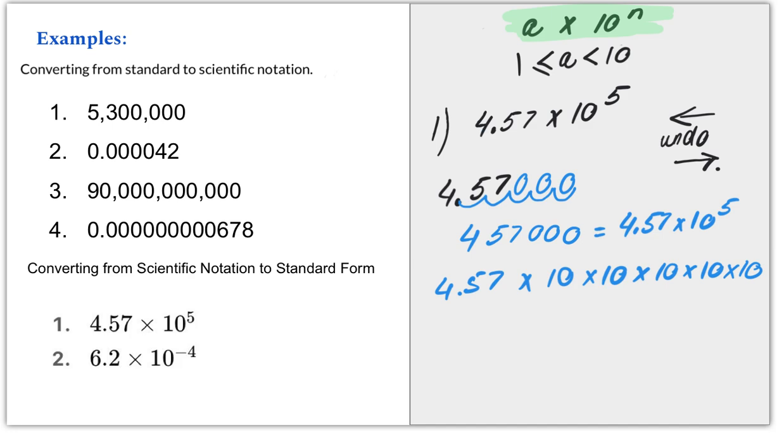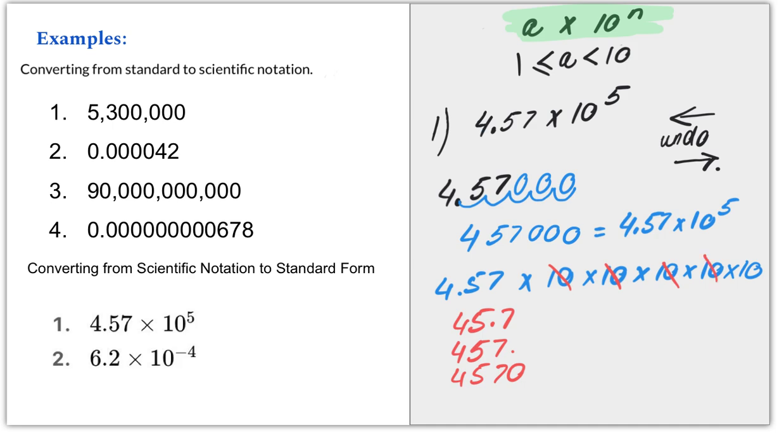So if I multiply this by 10, it'll be 45.7, and then multiply by 10 again, that number will be 457, and then multiply by 10 again. And this can keep on going until you reach your number.